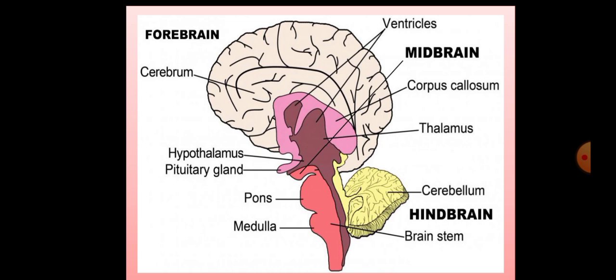Hindbrain comprises pons, cerebellum, and medulla. Medulla is also called medulla oblongata. Pons consists of fiber tracts that interconnect different regions of the brain.